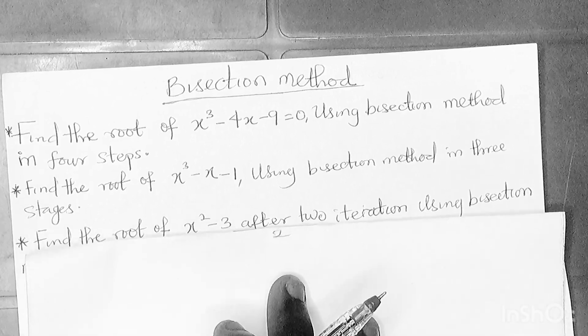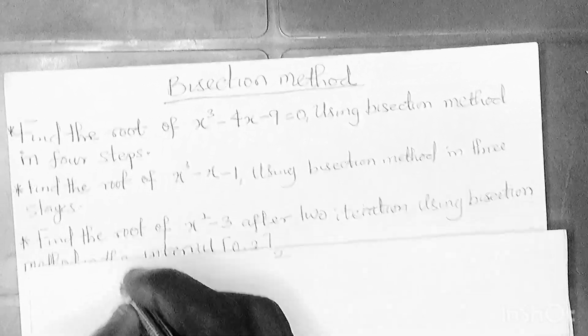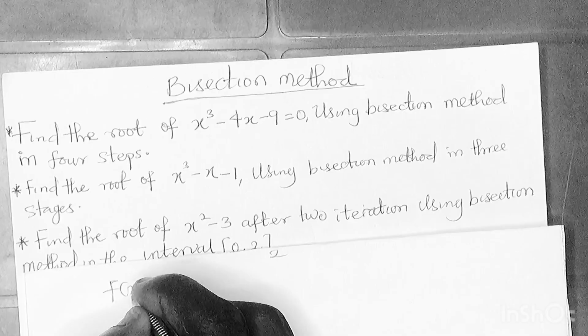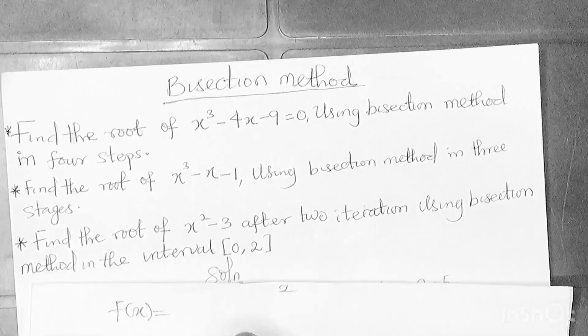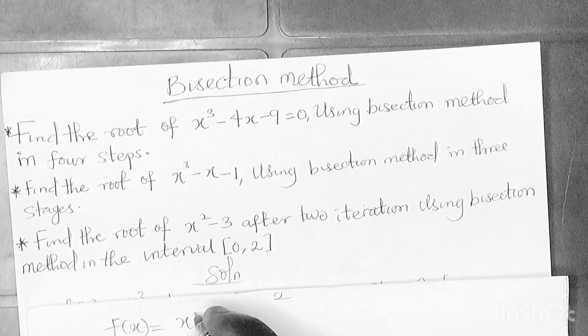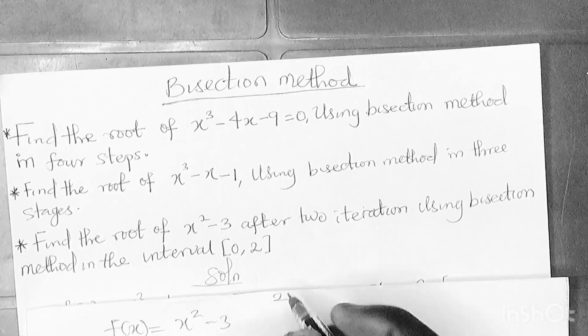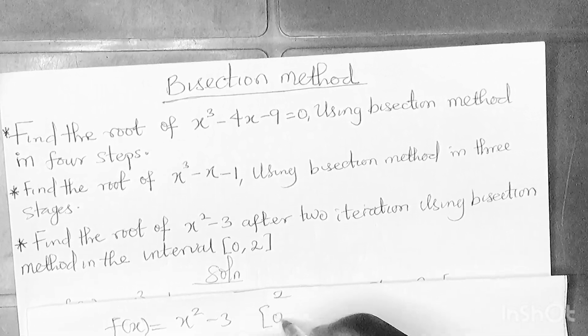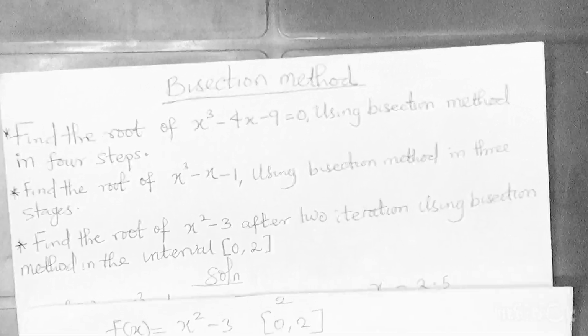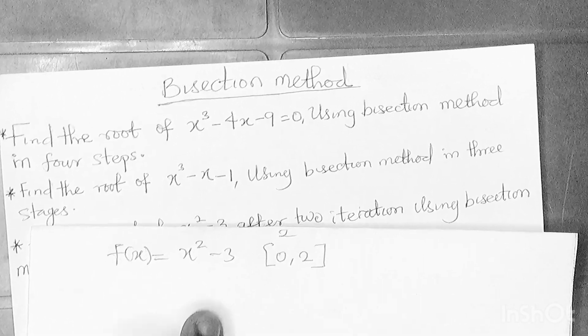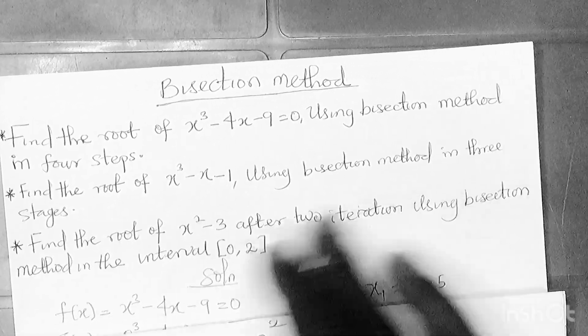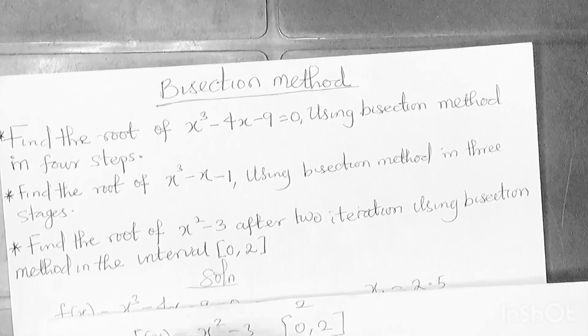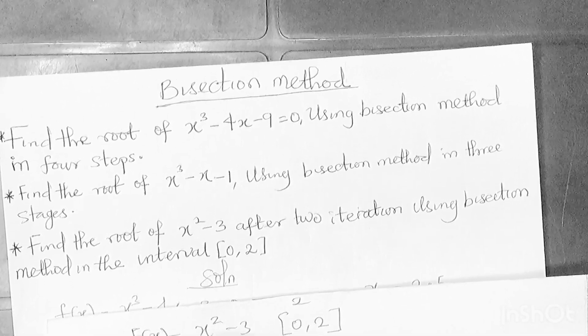Our f of x here is x raised to power 2 minus 3, and they give us interval 0, 2. So what they need you to do here is to do it for 0 and 2 after 2 iterations. All you just need to do is f of 0.